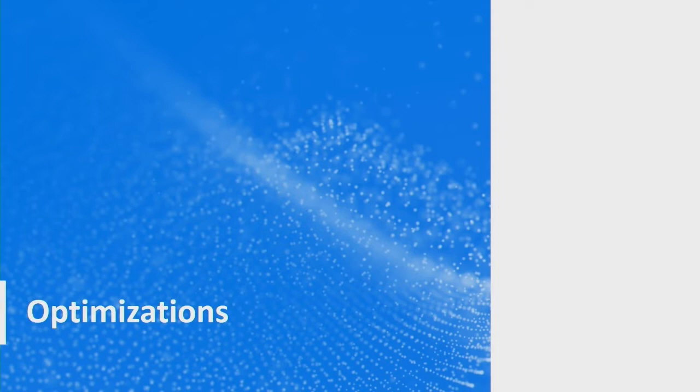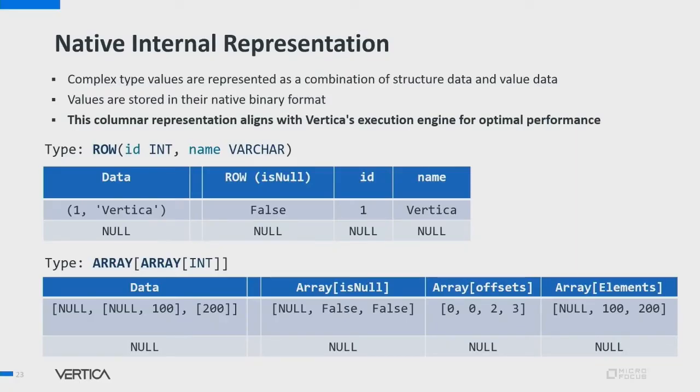Thank you, Deepak. Let's take a look at a couple of details as to how Vertica represents complex types inside the query engine. So when you query a complex type column, the result that you're going to get on the client side is a JSON formatted string. But we represent the complex type data inside the query engine very differently.